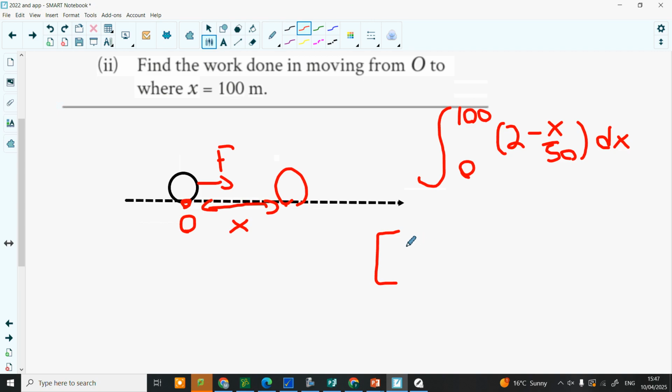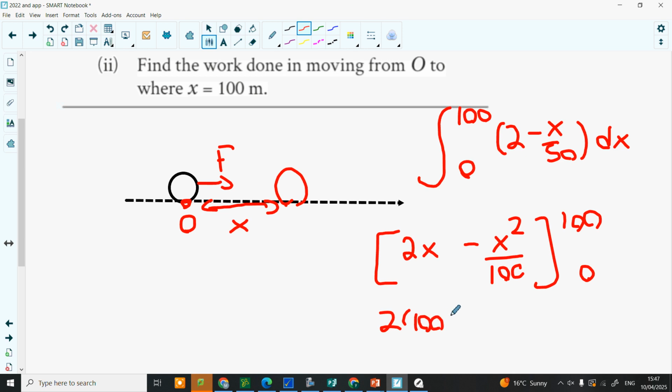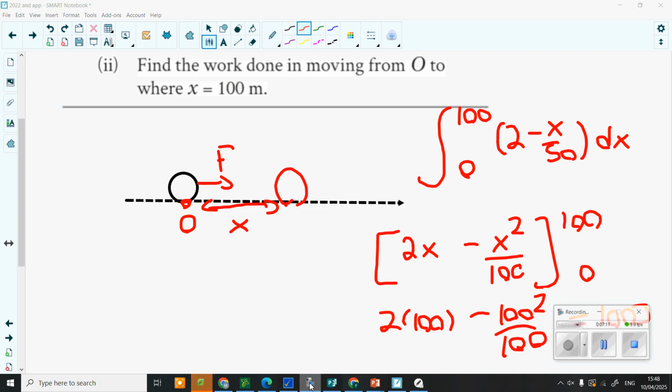What do we get? 2x, yeah, minus x squared, divide by the new power, an extra 2, which would be x squared over 100. And then, lo and behold, just putting 100 and 0 in, it's going to be 2 times 100 minus 100 squared over 100. And your answer is simply 100 joules. And that is question 10 on that exercise, which is really easy. Done. Okay, guys.